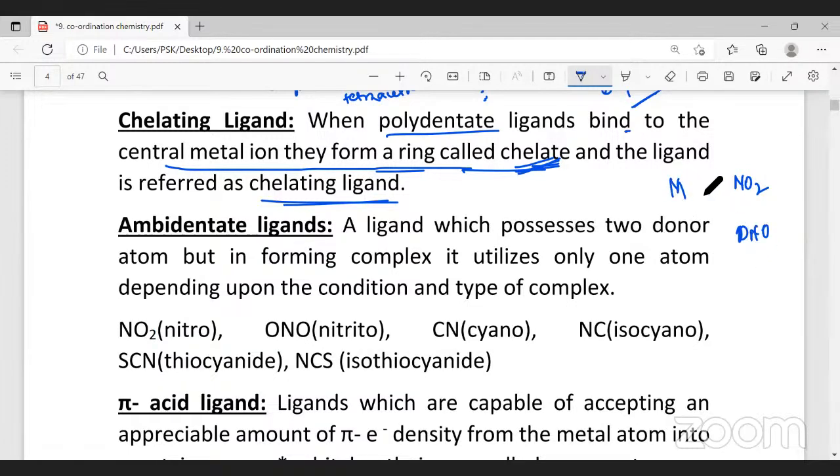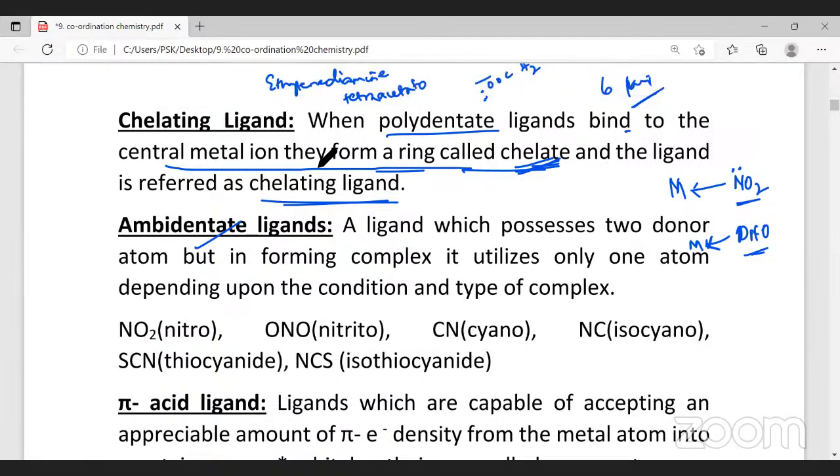Now, if this is a metal, for this metal, nitrogen is a donor atom. And if I have a metal here, for this, oxygen is a donor atom. Oxygen donates a pair of electrons. Both, you can see, the molecular formula remains the same. Here the donor atom is nitrogen, here the donor atom is oxygen. Those kinds of ligands are called ambidentate ligands.